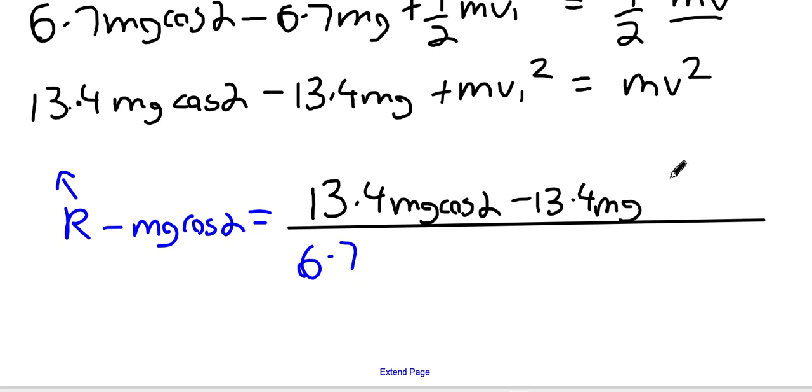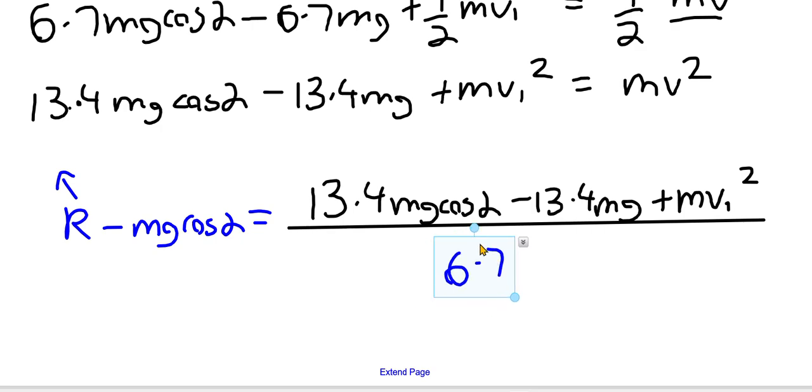What's the next part? Plus mv1 squared. Why do I have 6.7 on the bottom again? Oh, it was the radius was on the bottom already, wasn't it?